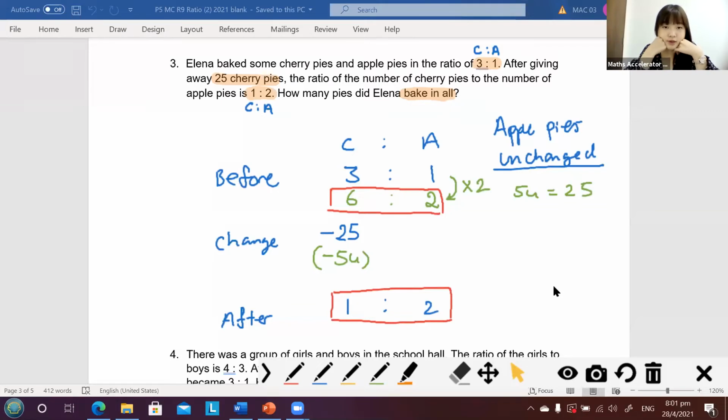Okay, remember you should be using the correct ratio to help you, which is the one that I boxed up in red. Okay, a few more seconds.